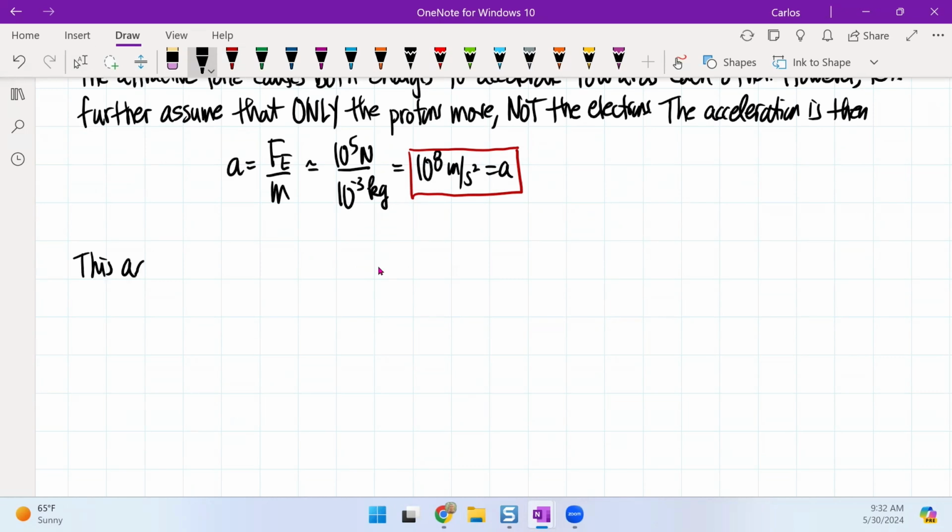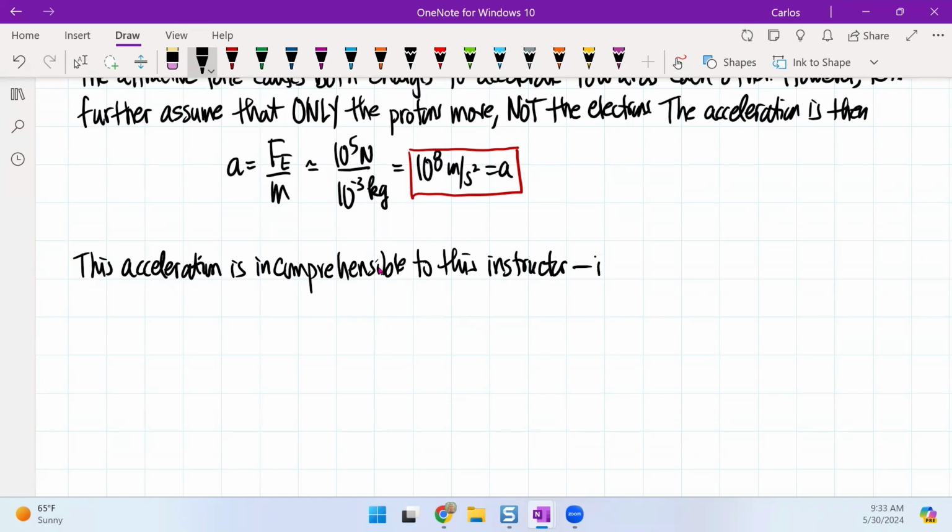This acceleration is incomprehensible to this instructor. It pleads for some perspective.